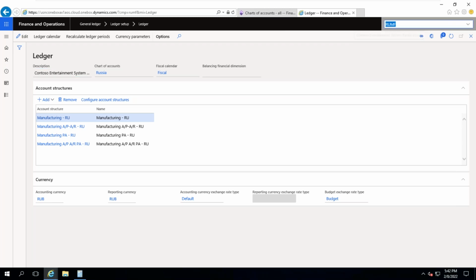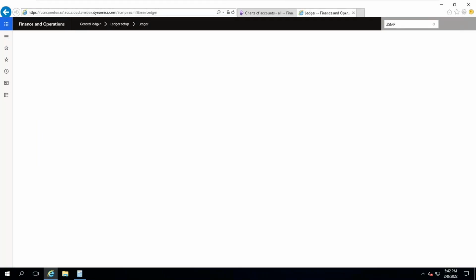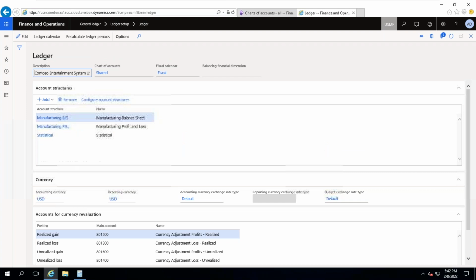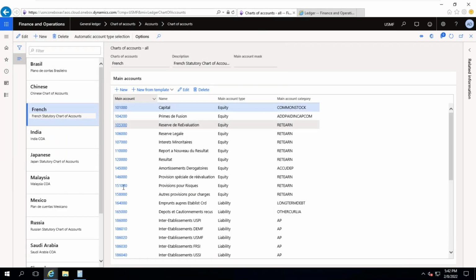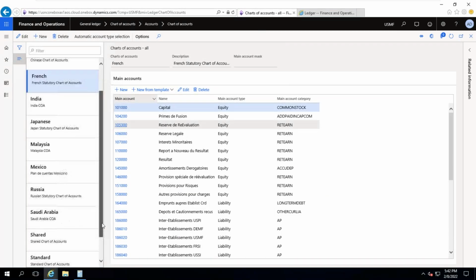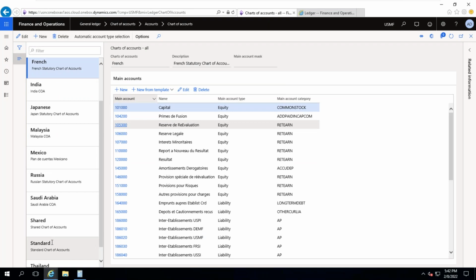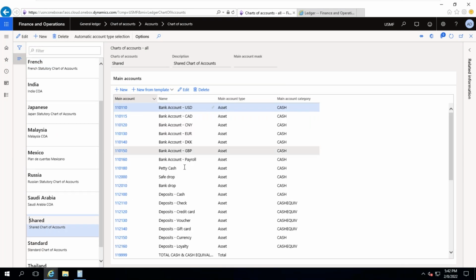If you go to our regular company USMF, in this the chart of accounts mapped is SHARED. Whatever name of chart of accounts is there, that is being used in the USMF company.